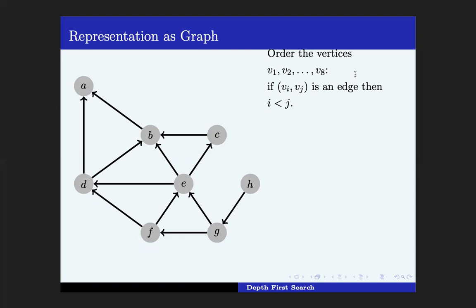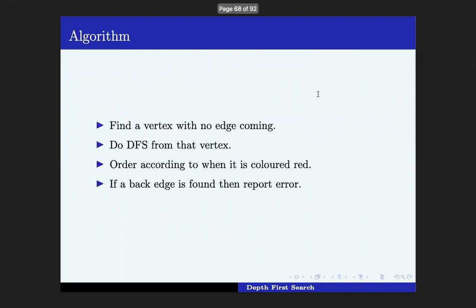Okay. So this is what is called topological sorting of a graph. Of course, I have to assume that the graph does not have a cycle, right?